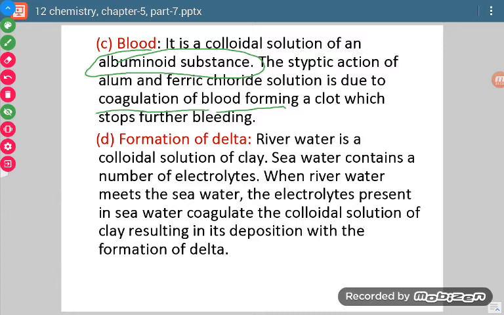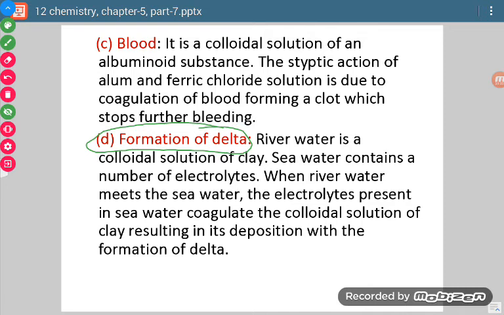This wet alum will coagulate the blood at that opening, and a clot will be formed over there, and that clot will not allow further bleeding. So this way alum is used for stopping bleeding.